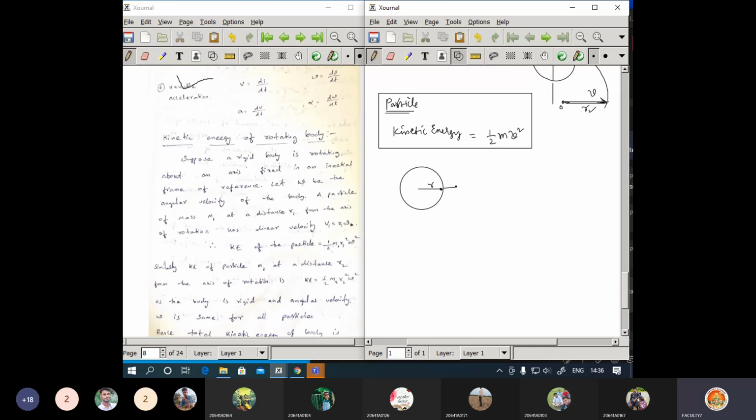Consider this as particle number 1. This particle has some mass, consider the mass as m1, and since it is the first particle, the distance is r1.